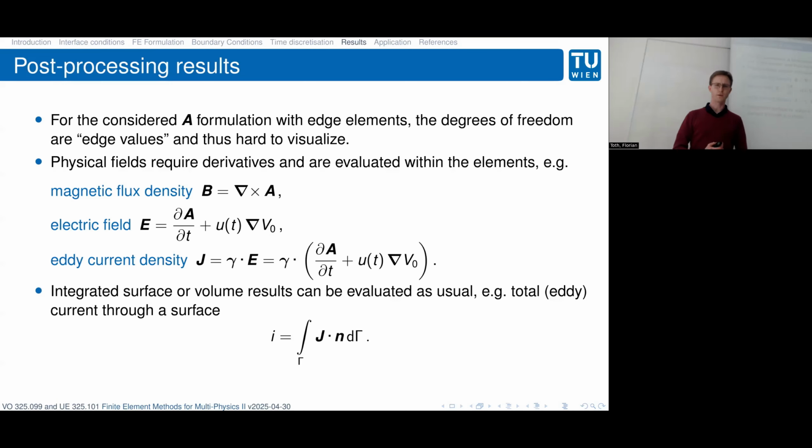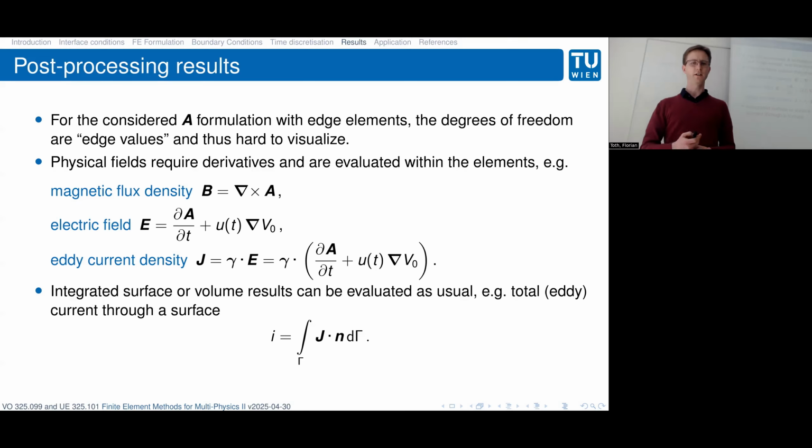For eddy current problems, there are a few post-processing results of interest. Of course, the edge values for the magnetic vector potential are hard to visualize because they're defined on the edges. You could evaluate A based on the ansatz functions in the centroid of each element, but the actually interesting part is the magnetic flux density, the physical field, defined as the curl of A. You have the electric field, in case you have some electric ports, you have the additional U times gradient V0.